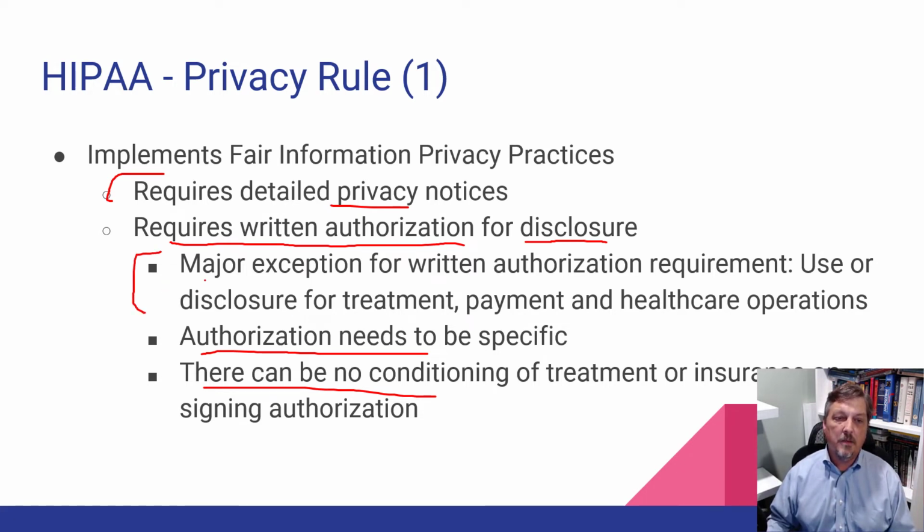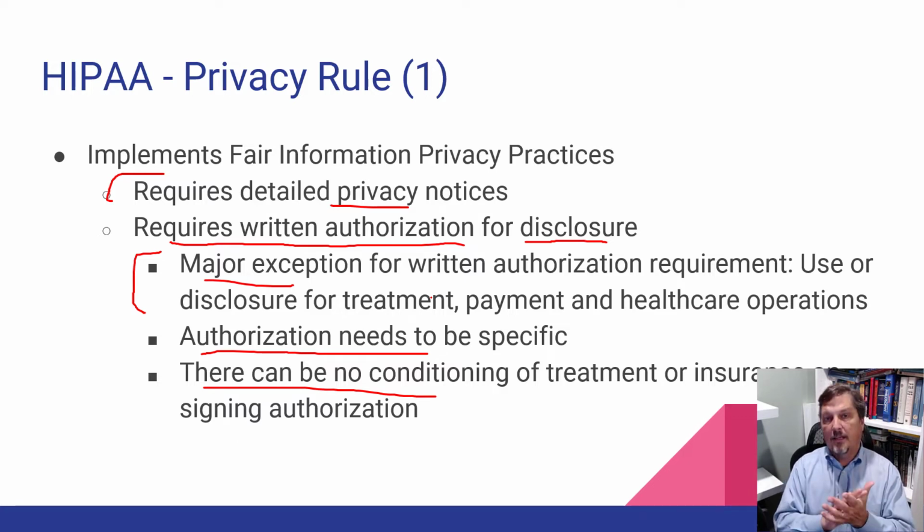Now, there is a really important exception you should be aware of, which is that the use or disclosure of PHI for treatment or for payment or for healthcare operations of a covered entity or a business associate does not require a written authorization.